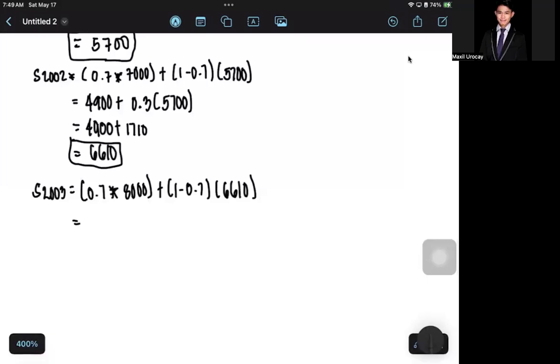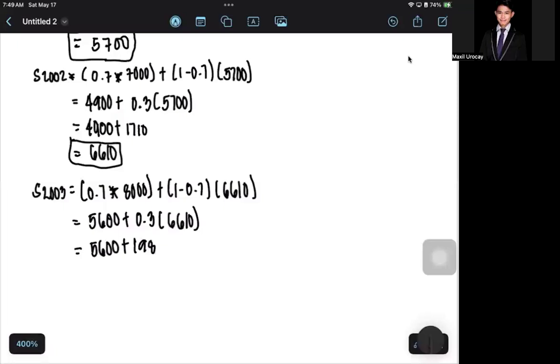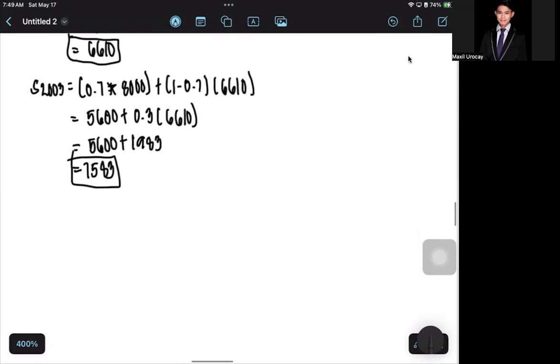Make sure to do it step by step. That is 5,600, plus 0.3 of 6,610. 0.3 times 6,610 becomes 1,983. You add that to the 5,600, and that becomes 7,583. So this is the smooth data for the year 2003.